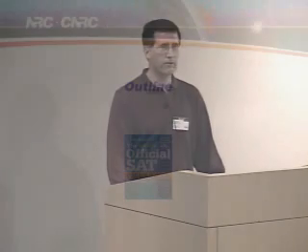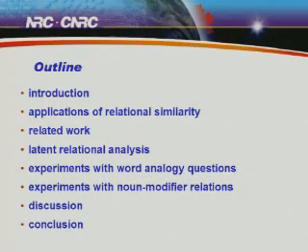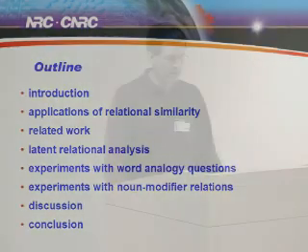So I'm going to talk about how a computer can pass the SAT, at least a very small part of it, the part dealing with analogy questions. First, I'll talk about what the problem is and applications for a measure of relational similarity, which is what you need to solve these kinds of SAT questions.